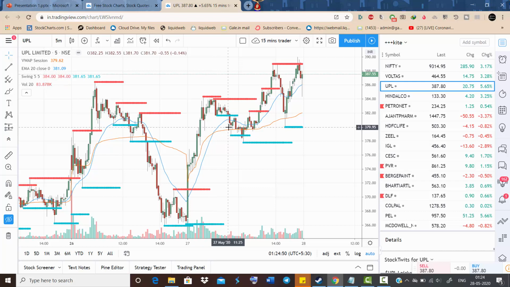Later you can switch to EMA 20, after 20 candles have been made. 20 candles is closer to 100 minutes, almost 2 hours. For the first 2 hours you should use VWAP, which is a more reliable indicator for support. After 20 candles you can switch to EMA 20.